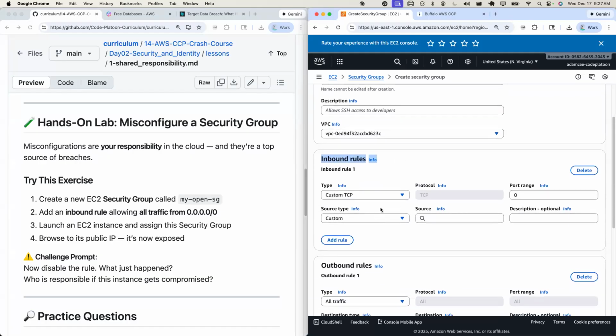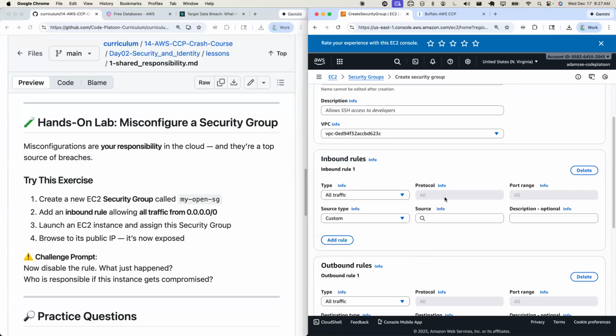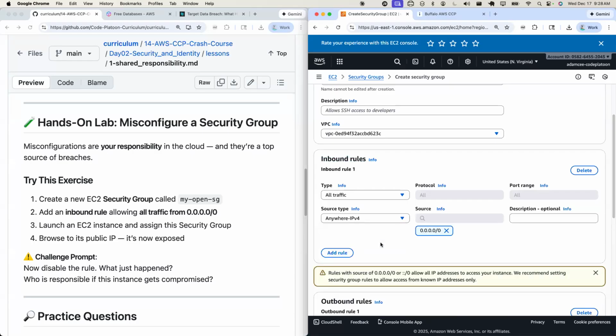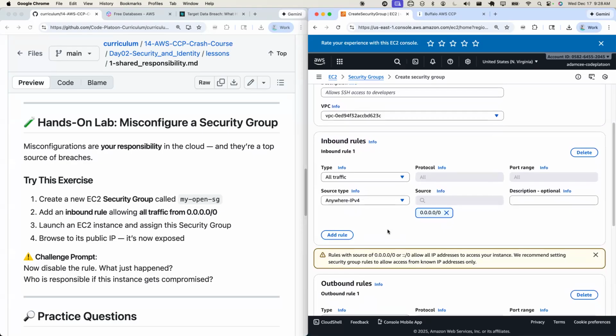So let's add an inbound rule allowing all traffic. Let's see if I can get this rule right. All traffic, all ports, source type: Anywhere.